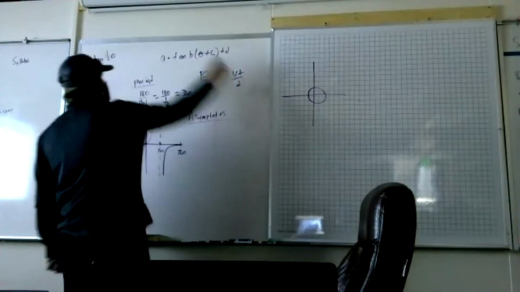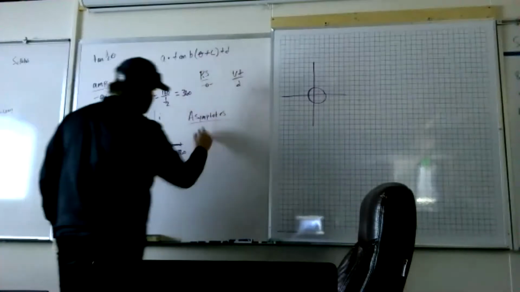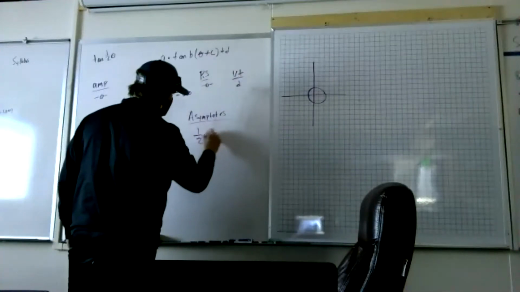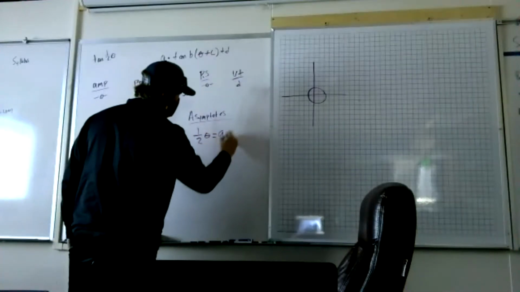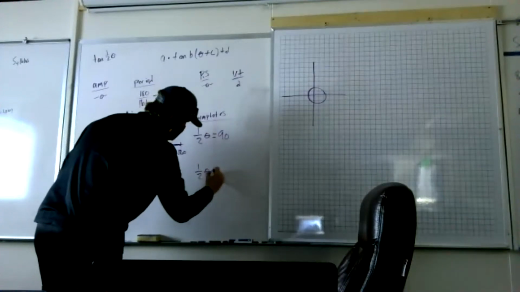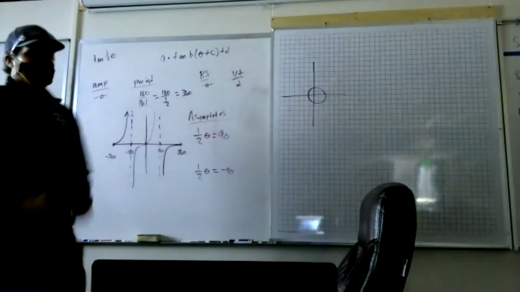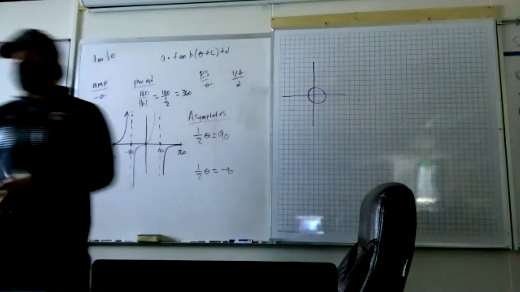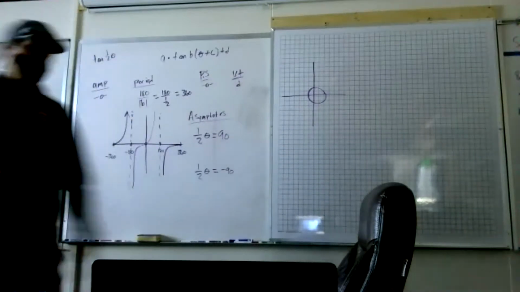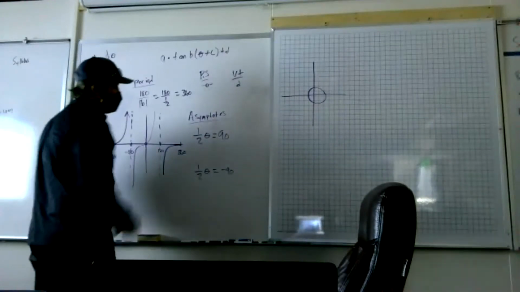Asymptotes. If I take whatever's on the inside here, so this 1/2 theta, and I set it equal to 90, and if I set it equal to negative 90. Now, why would I do that? That is because that is the origin, or the places of our original asymptotes. And then I'm going to solve for theta just like I would.